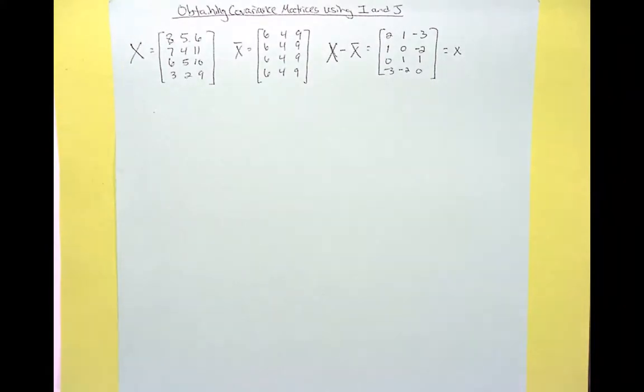So we've obtained deviation scores from the raw scores here, and we can use this to get the centering sums of squares and cross products matrix, the CSSCP matrix.